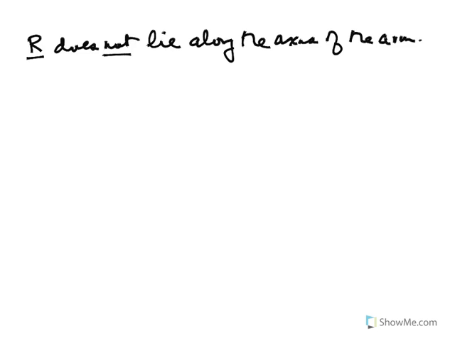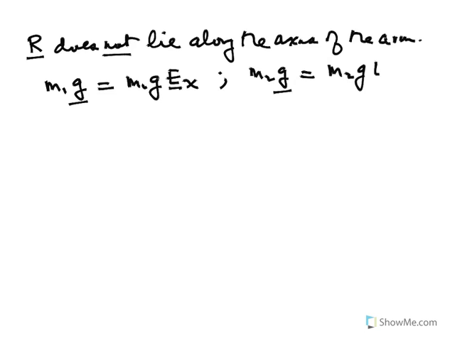So in which case we actually have to write it a little differently from the way we would otherwise write it. So we have to write all these forces out. So let's write all the forces out first. We've got m1g is equal to m1g times ex. We have m2g is equal to m2g times ex. We also have that N lies in the direction of ex.